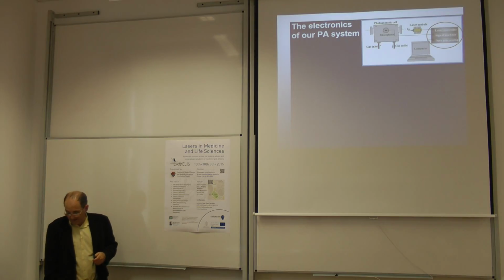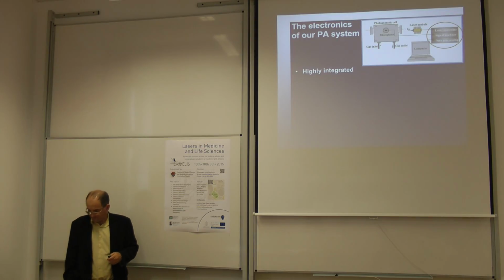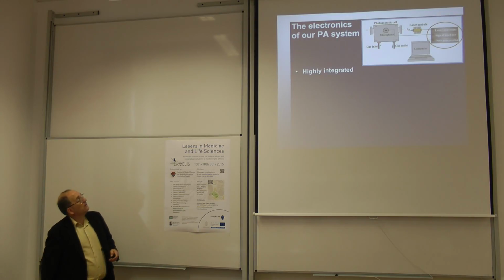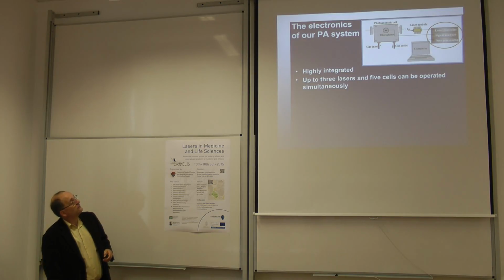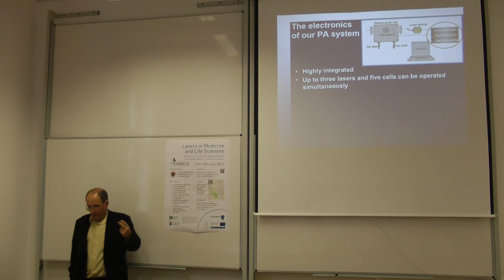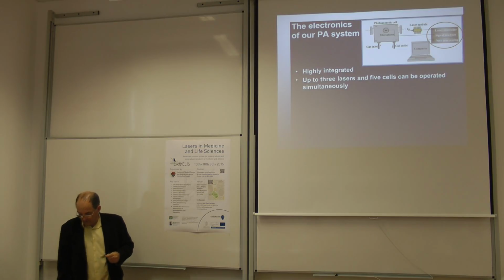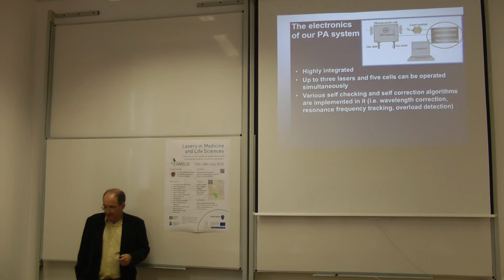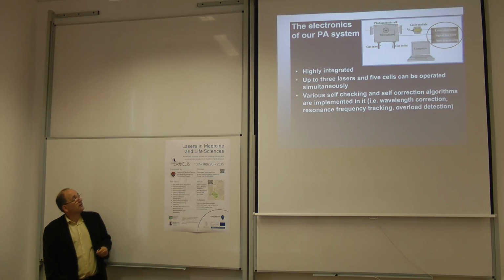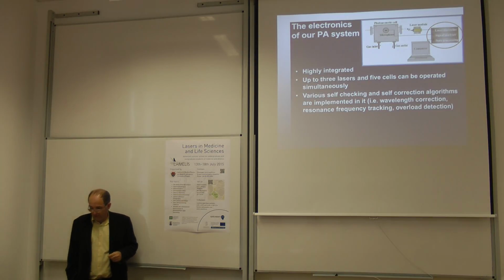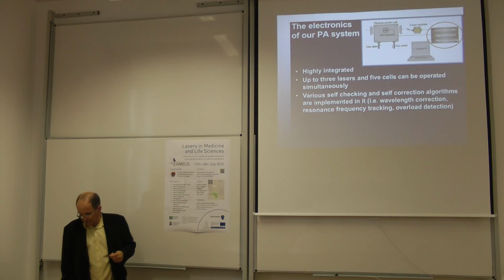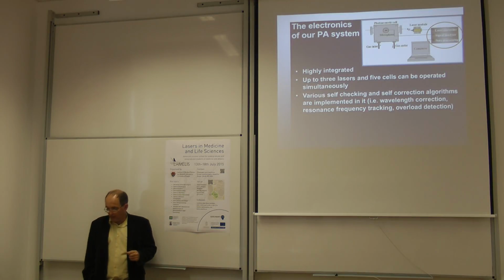And then we have the electronics. It's highly integrated electronics, and it can control up to 3 lasers and 5 detection cells simultaneously, and the electronics is capable of performing various self-checking and self-correction algorithms.